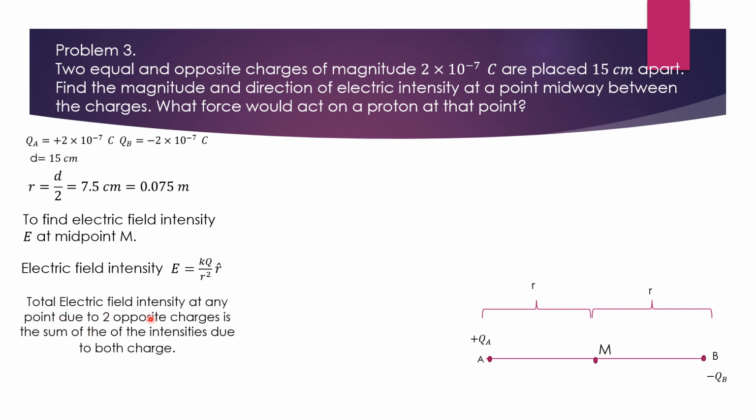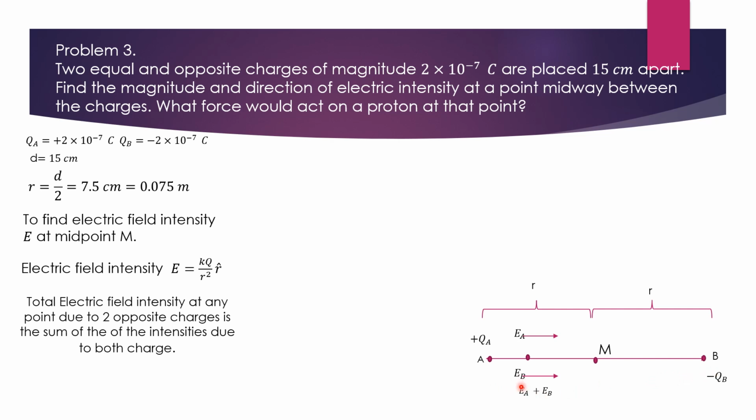Total electric field intensity at any point due to 2 opposite charges is the sum of the intensities due to both the charges. That means if we need to find the total electric field intensity at this point, the electric field due to charge A will be away from the charge, positive charge, and toward the negative charge.